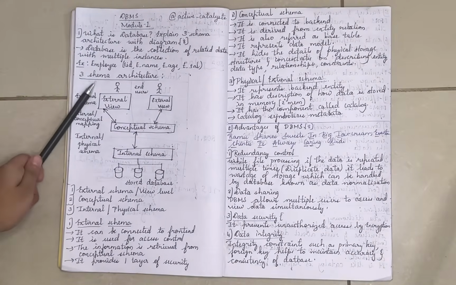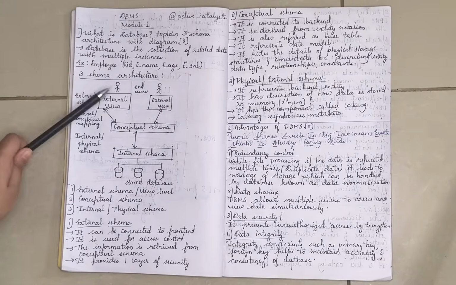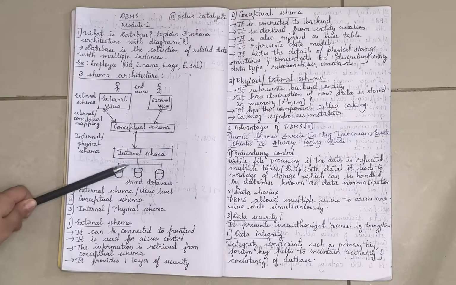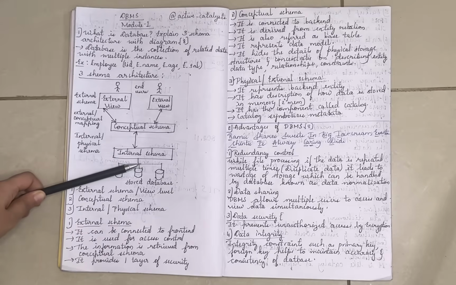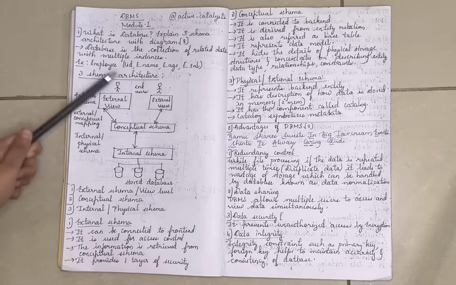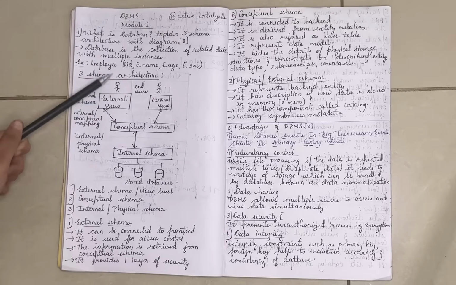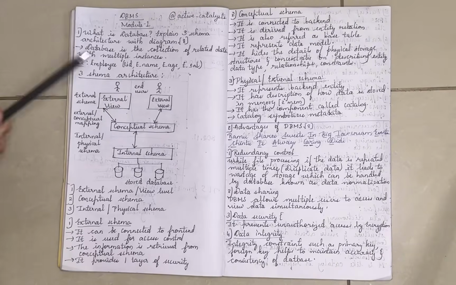Now let us understand what is 3 schema architecture. As it says 3 schema, we have 3 layers: external layer, conceptual layer and internal layer. We call it the external view because when the end users view from above, this is the only visible layer to the user.